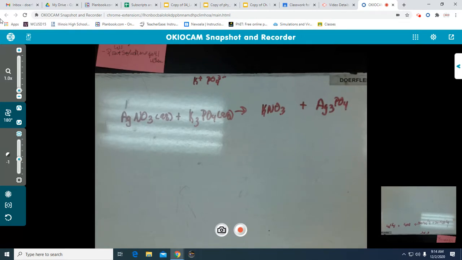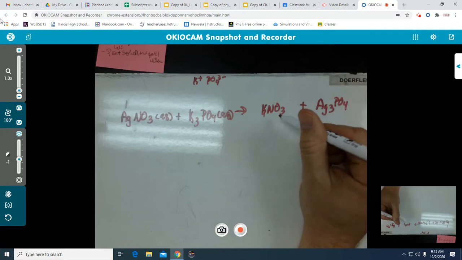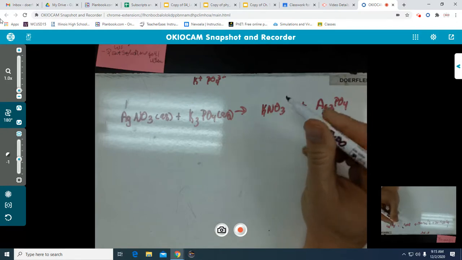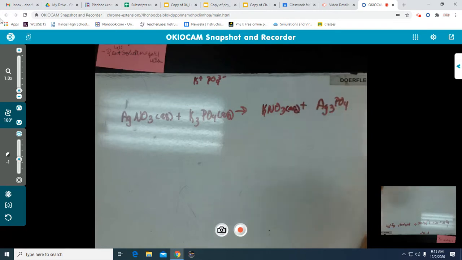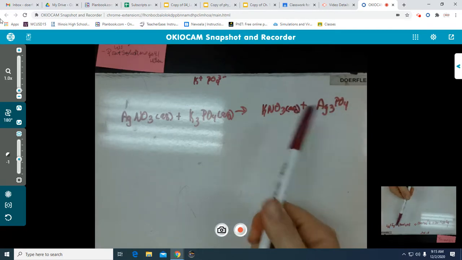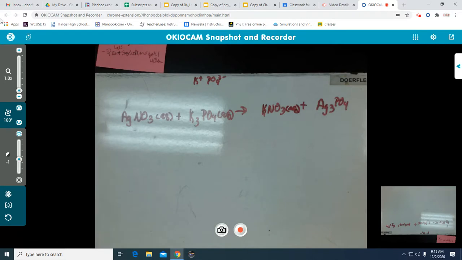So now we've got to look at determining which one of our products is going to be the precipitate. Well, potassium nitrate we know is soluble with anything, so potassium nitrate is going to be our aqueous.